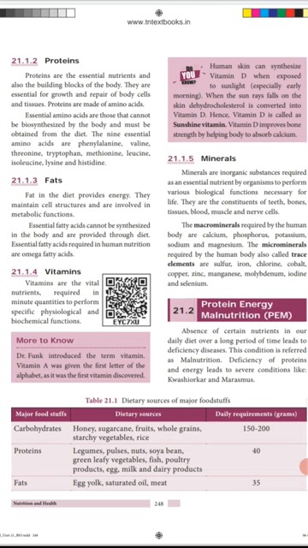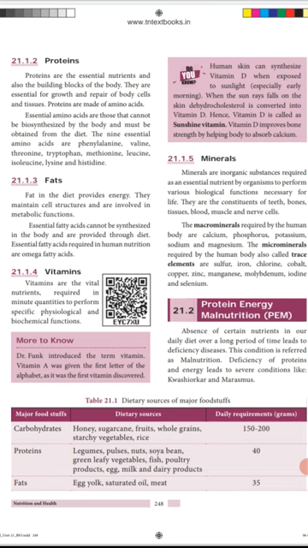Next one is protein energy malnutrition, PEM. Absence of certain nutrients in our daily diet over a long period of time leads to deficiency diseases. This condition is called malnutrition.